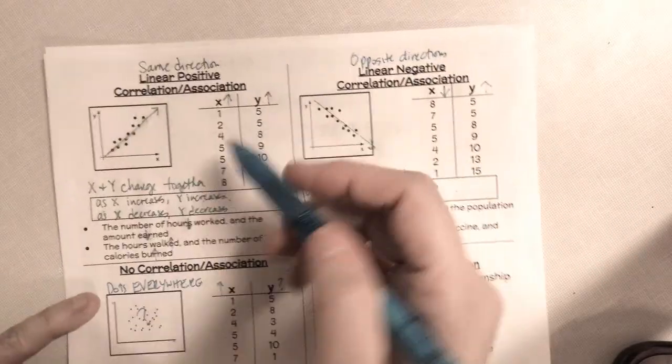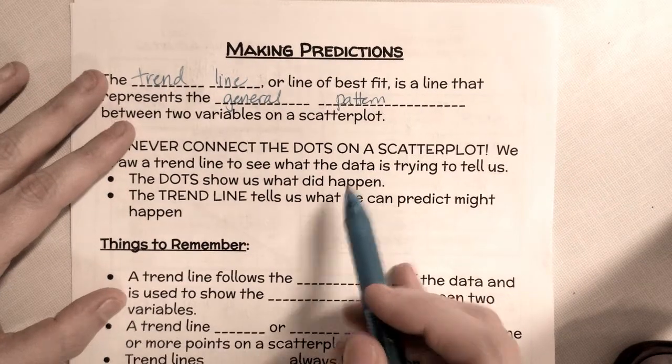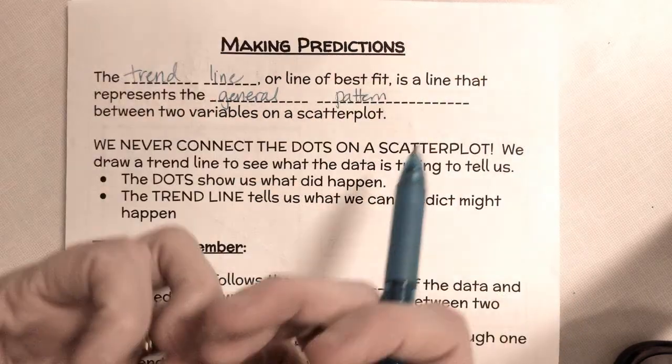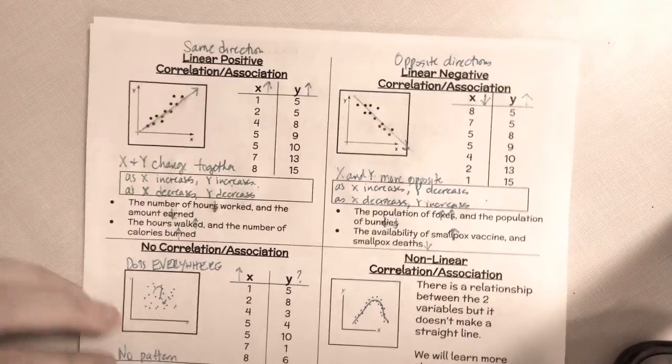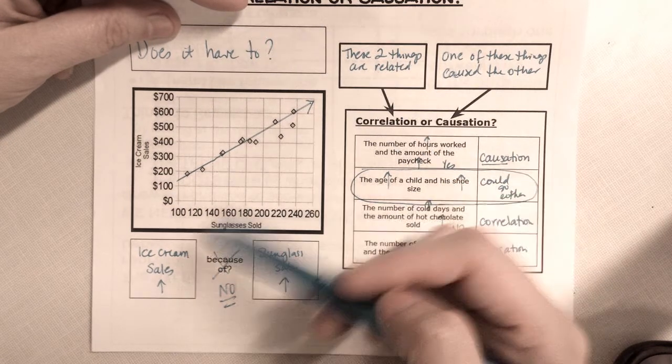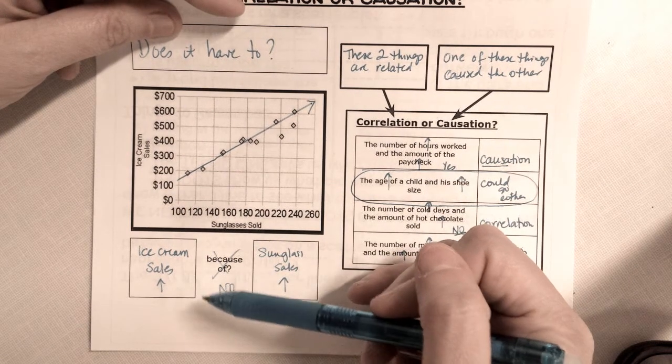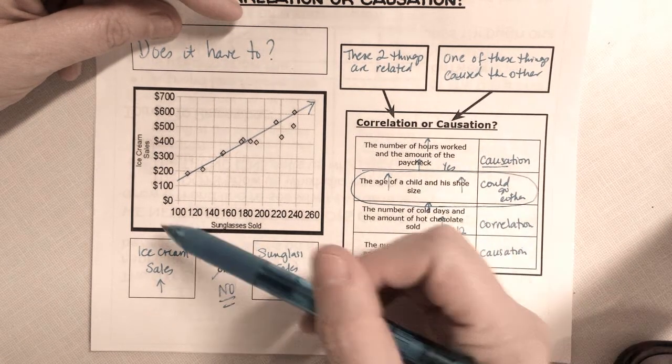So when you look at a scatter plot, these dots tell us what did happen. That's the data that we collected from other people. So we collected a bunch of data. We went to some store, some little kiosk or a bodega, and we said, hey, how much ice cream are you selling? And how many sunglasses are you selling? And we plotted that.